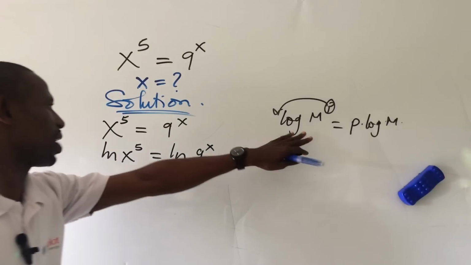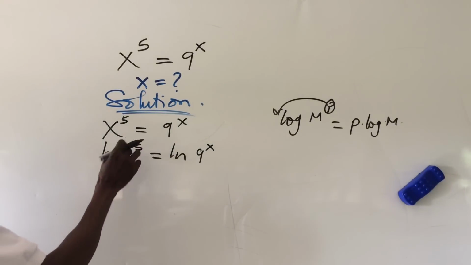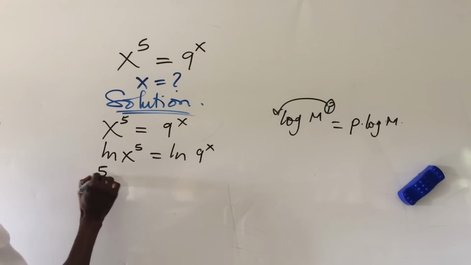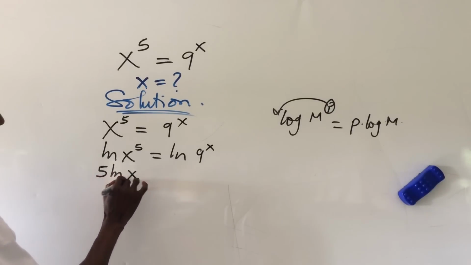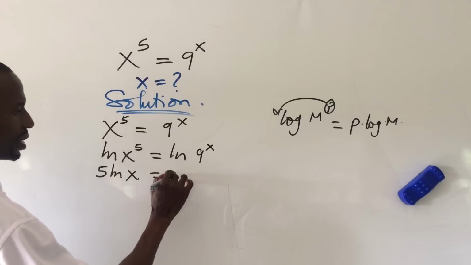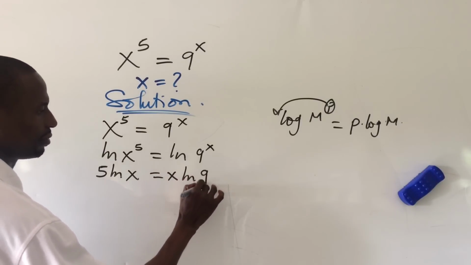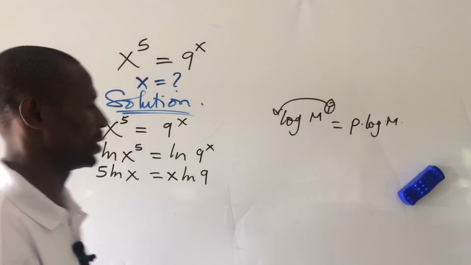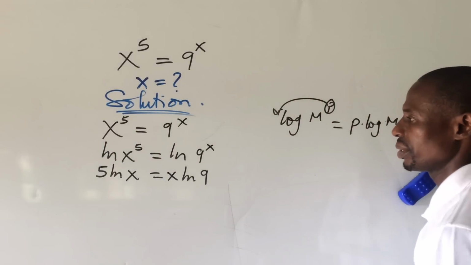So from here, if we apply this rule, we're going to move this 5 back here to give us 5 ln of x equal to, move this x back here to give us x ln of 9. Good.